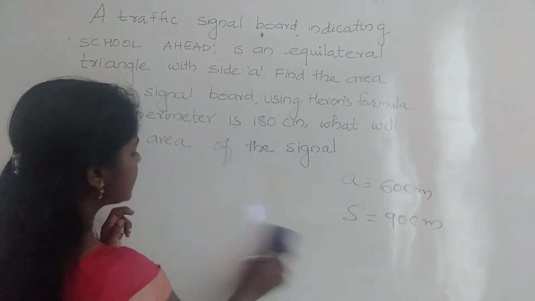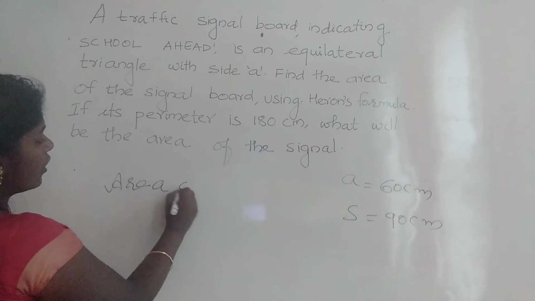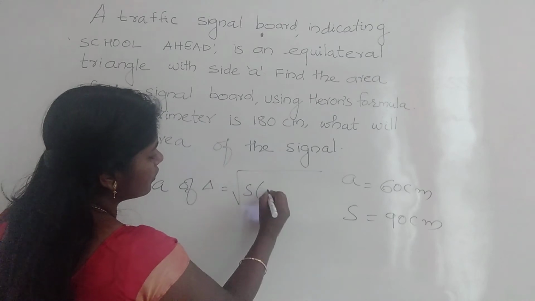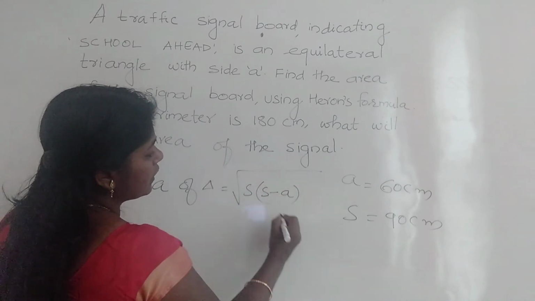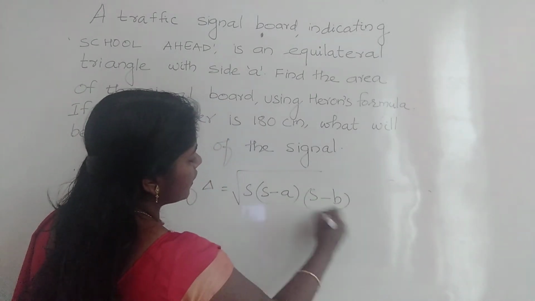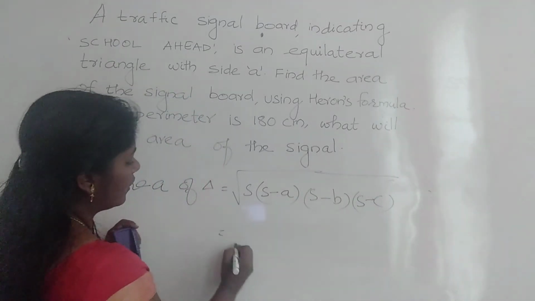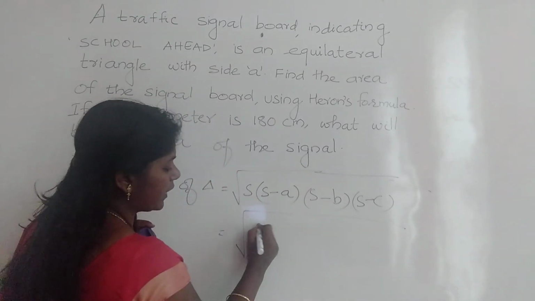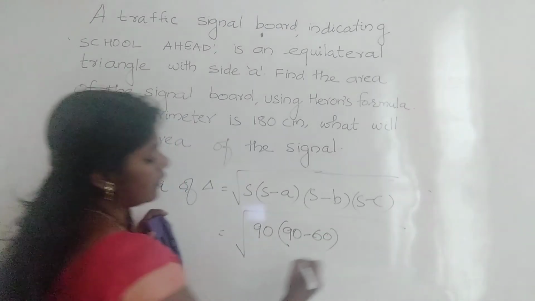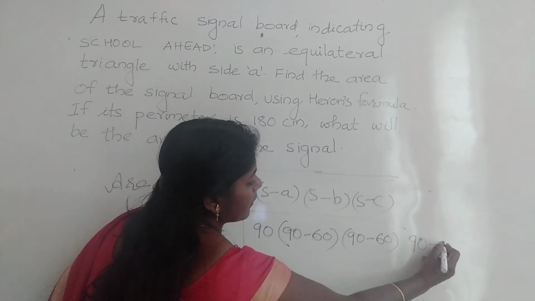Then we apply these values to Heron's formula, that is area of triangle equal to root of S into S minus A into S minus B into S minus C, and we can substitute the values here, that is root of 90 into 90 minus 60, again 90 minus 60, again 90 minus 60.